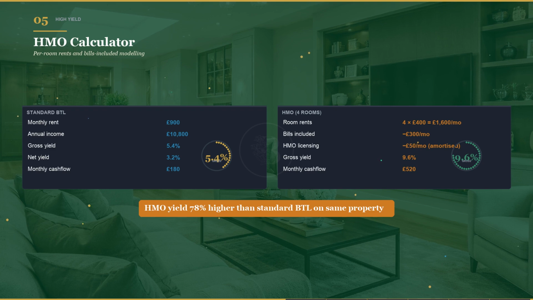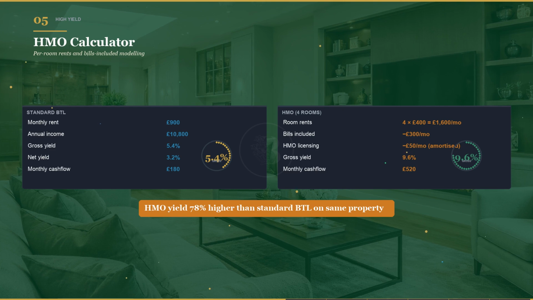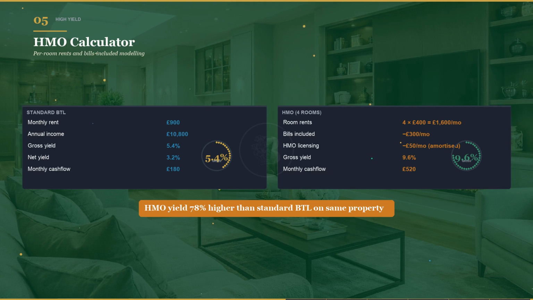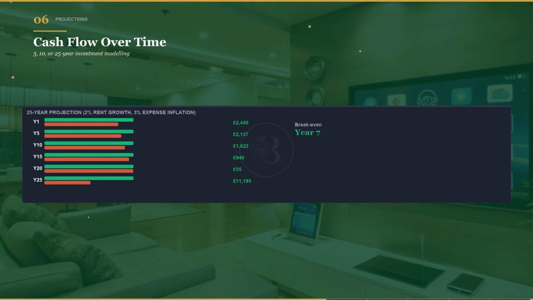Add HMO licensing costs, amortized over 5 years. The comparison view shows HMO versus standard BTL on the same property side by side, gross yield, net yield, cash on cash, and monthly cash flow. For a typical 4-bed terraced house, HMO yields can be 60 to 80% higher than single-let.